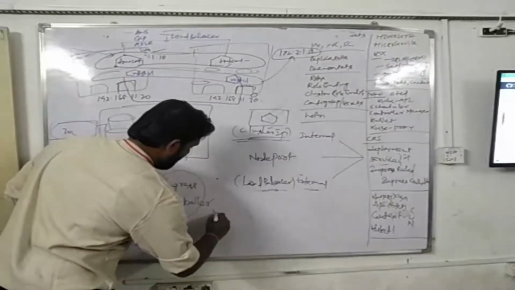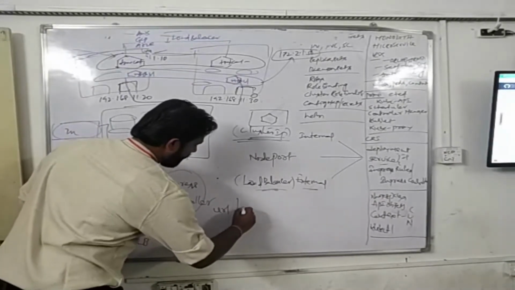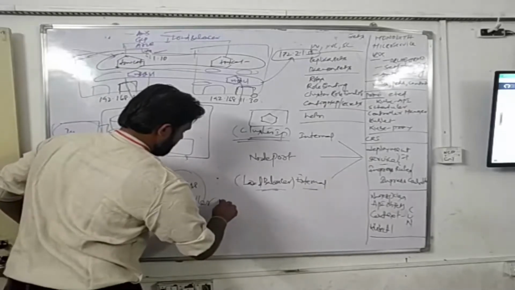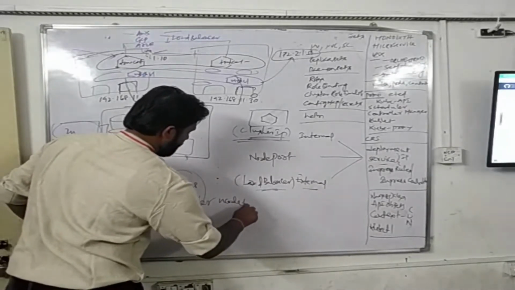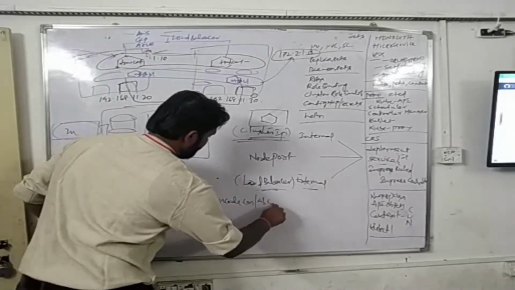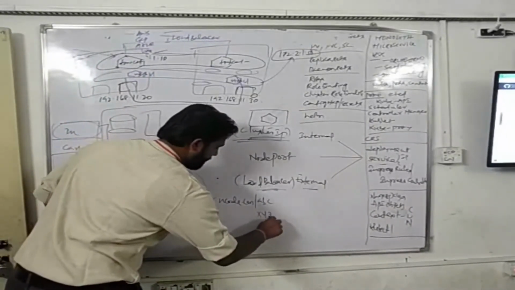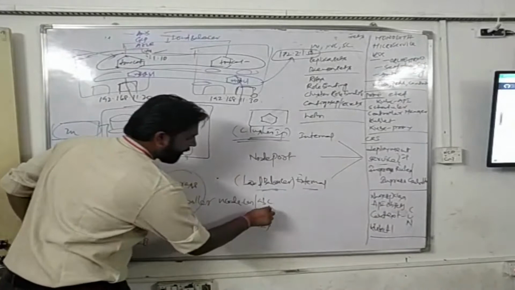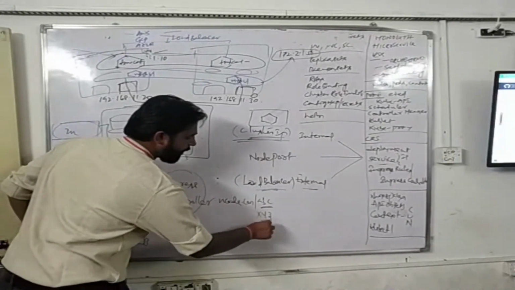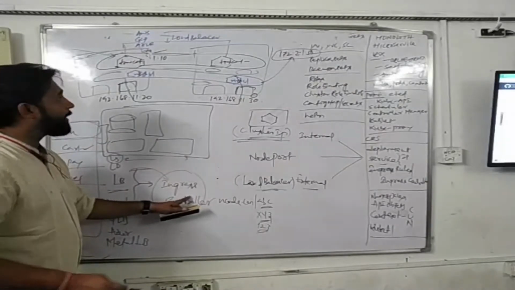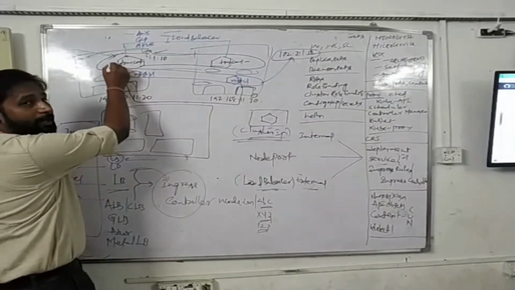For example, let's take encodeit.com/abc. That's one URL, and /xyz/123. Now, depending on what the URL is, your Ingress controller can redirect the request to one of the services.